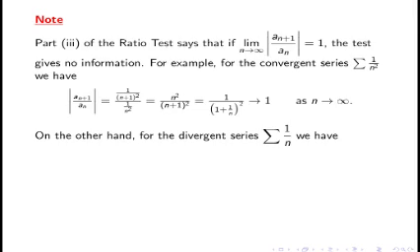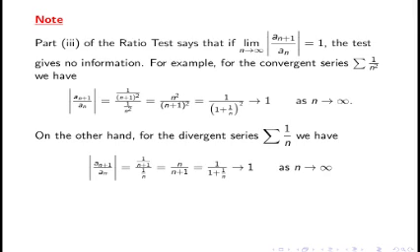On the other hand, look at the divergent series, the harmonic series. For that one we have the absolute value of a_(n+1) divided by a_n is 1 divided by (n+1) divided by 1 divided by n, which is n divided by (n+1). It also goes to 1.